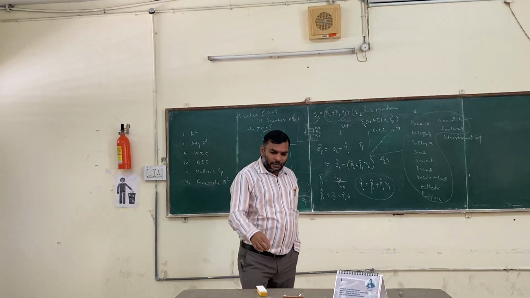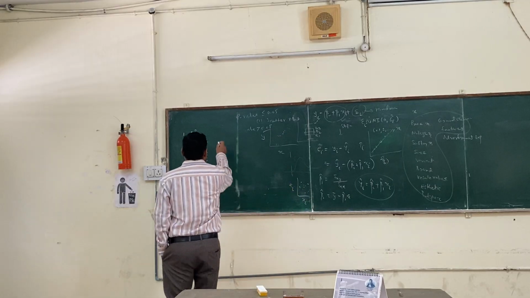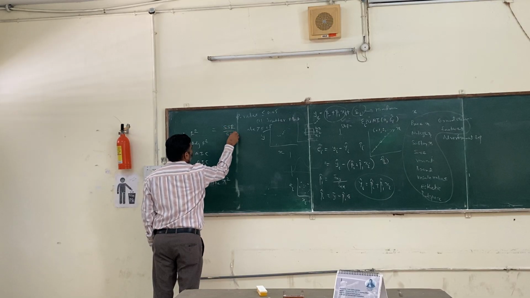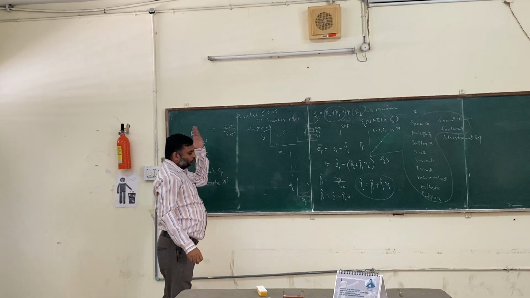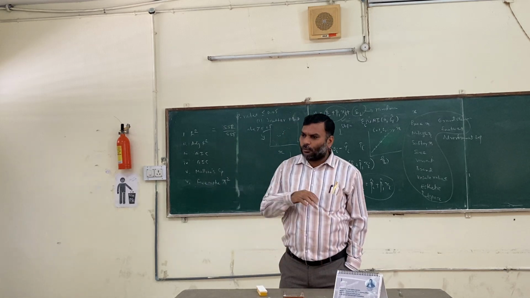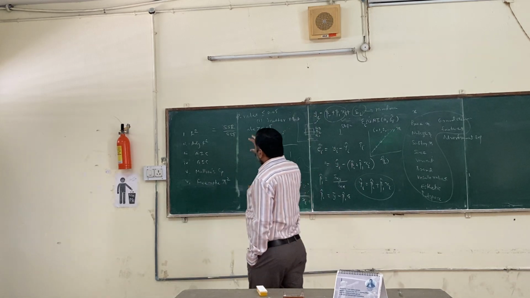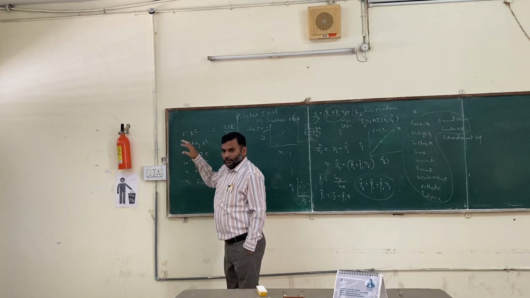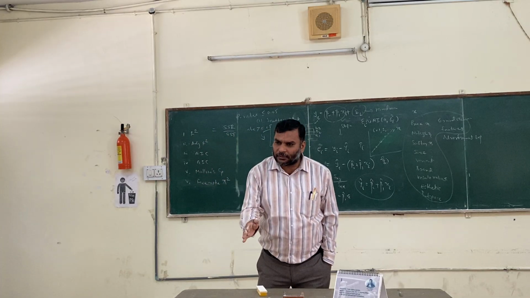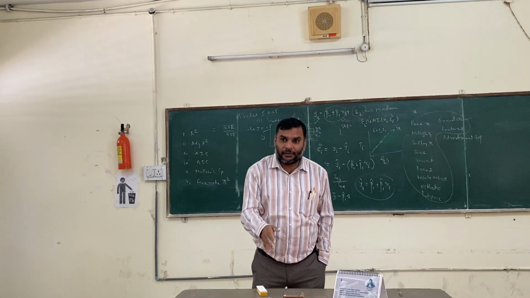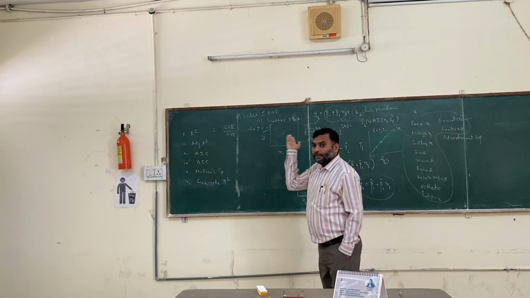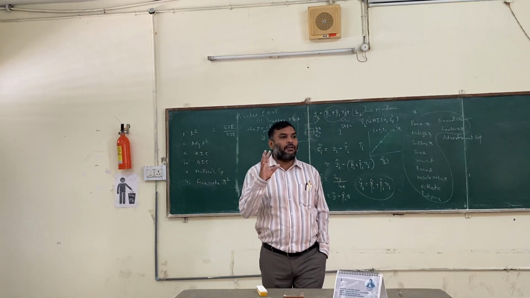R square is usually defined as the sum of squares due to regression divided by the total sum of squares, or in econometrics we sometimes say explained sum of squares divided by the total sum of squares. What is the range of R square? It lies between 0 and 1. The higher the R square, the better the model. It means the regressor you have considered in the model is really useful to explain the value of y.